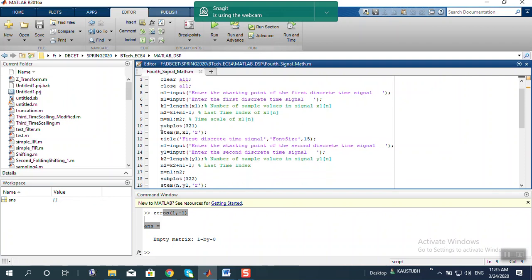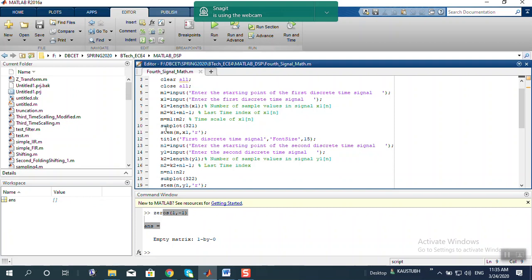So subplot again. Now in this case, a total of 6 plots are required. First is for the signal x1, second is for the signal x2, third is for the addition of x1 and x2, fourth is for multiplication of x1 and x2, and fifth is for subtraction of x1 and x2.